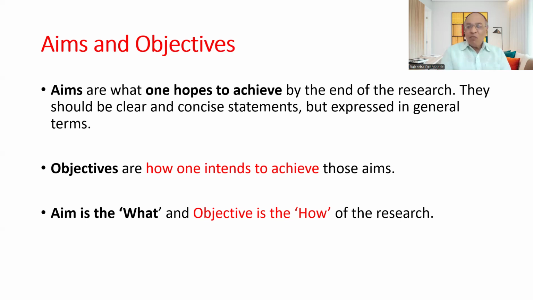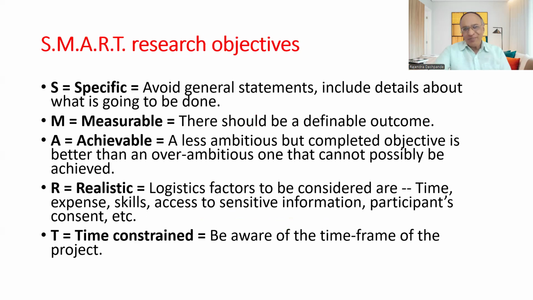Aim is what, and objective is how in the research. Aim is what I am going to study, the effect of low carbohydrate diet in type 2 diabetes mellitus, control of sugar. So now I have to explain how I am going to do that. The steps to achieve my goal are called objectives.